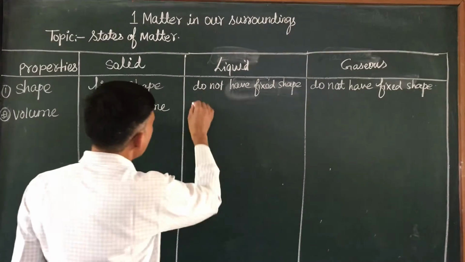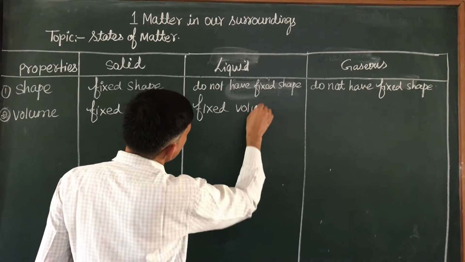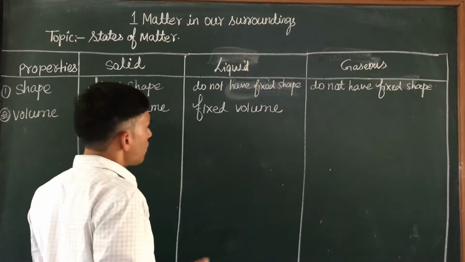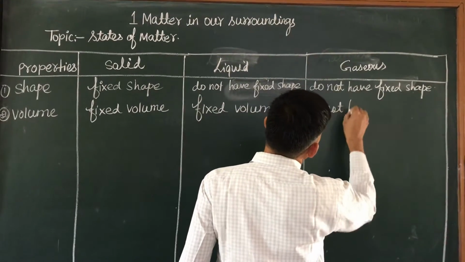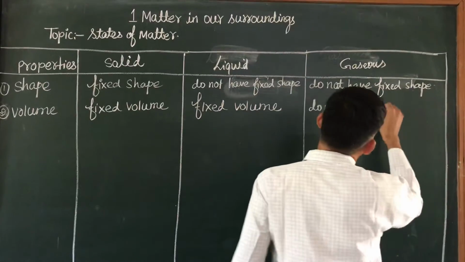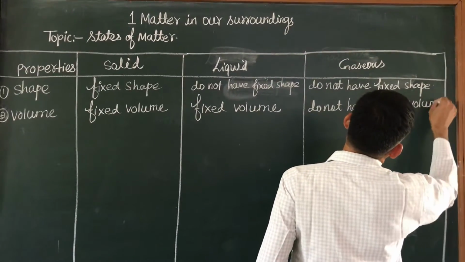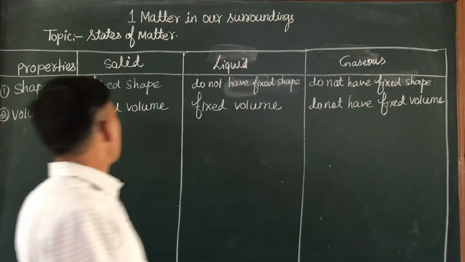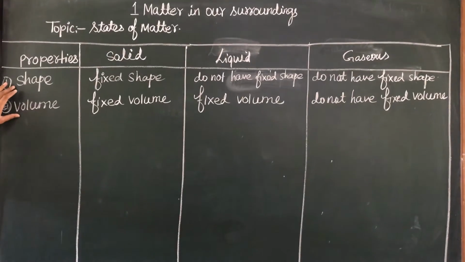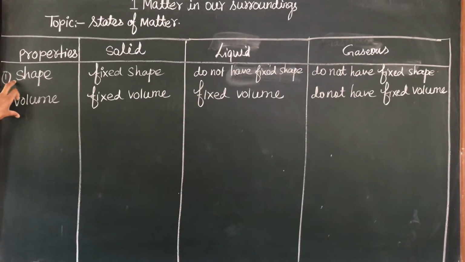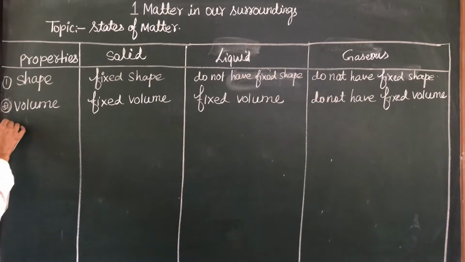Liquids also have fixed volume, but gases do not have fixed volume. In other words, we can say that solids have both fixed shape and fixed volume, but gases have neither fixed shape nor fixed volume.